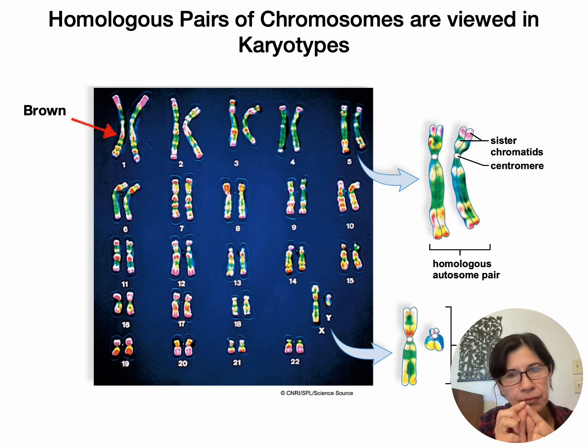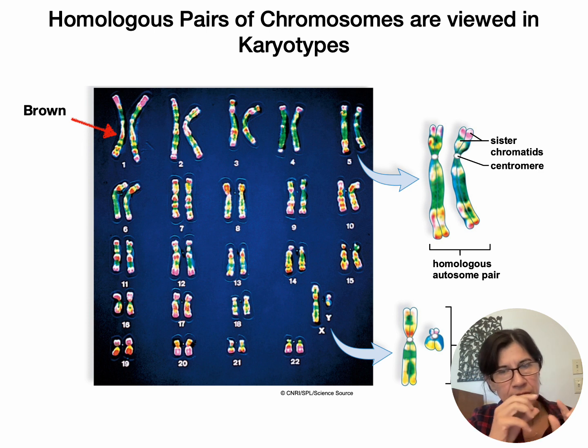organize them. Okay, so notice that in this picture they're organized into pairs and they're going from largest to smallest. This isn't how they're normally found in your cells, but people who make karyotypes will get the cell at a stage where they can see the chromosomes and then they'll cut them and organize them.